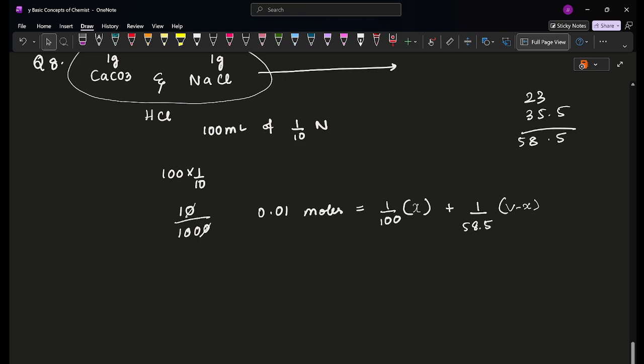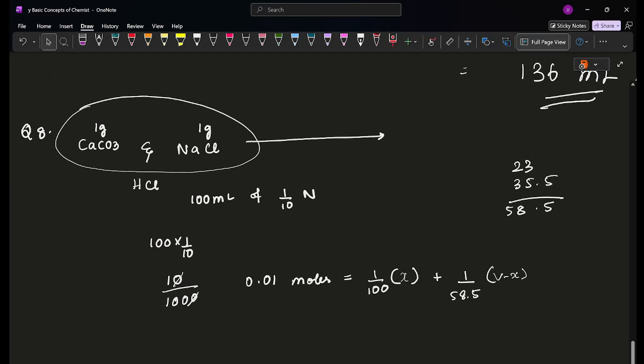No, it's going to be harder. Both of these are together 1 gram.